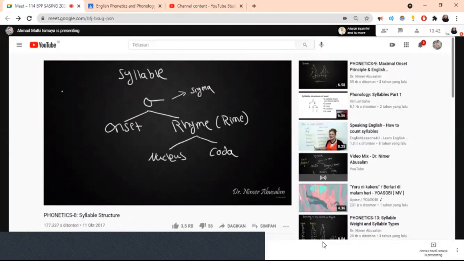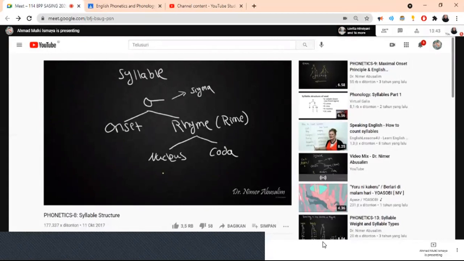So let's take a word like cat. The first thing you want to do is change this into phonemic transcription. So we're going to get cat. The vowel here is the nucleus. The t is the coda and k is the onset. So this is a very basic example just to get you to see what the syllable looks like.